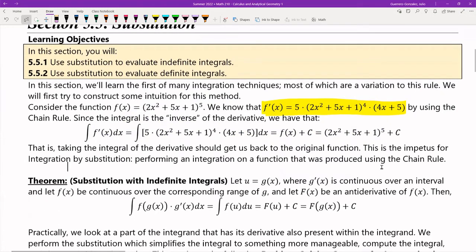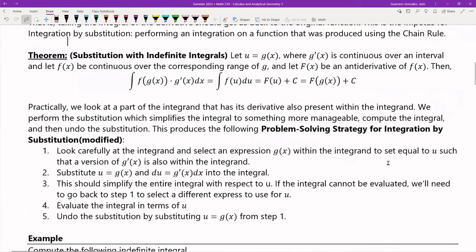Now let's go into the actual theorem for integration by substitution. Let u be g of x, let g prime be continuous, let little f be continuous over the corresponding range of g, and let big F be the antiderivative of little f.